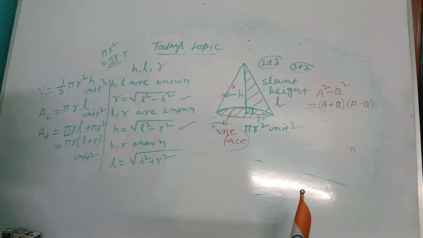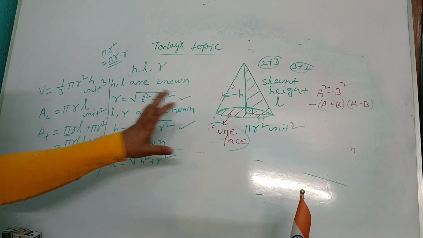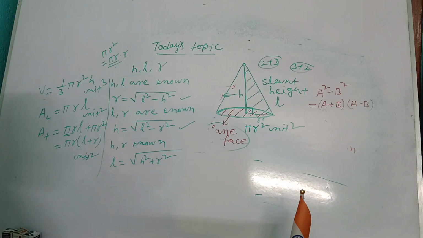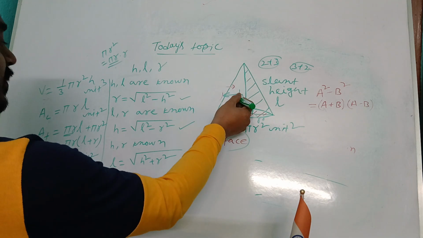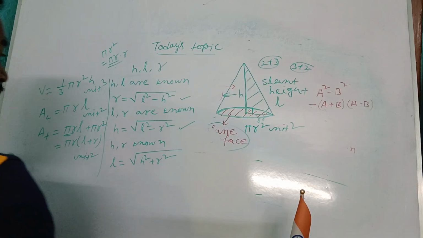So these are the details of the right circular cone. It's better if I take one example, then it would be easy for everyone. So now I am taking one example. Here, for example, the height is given.